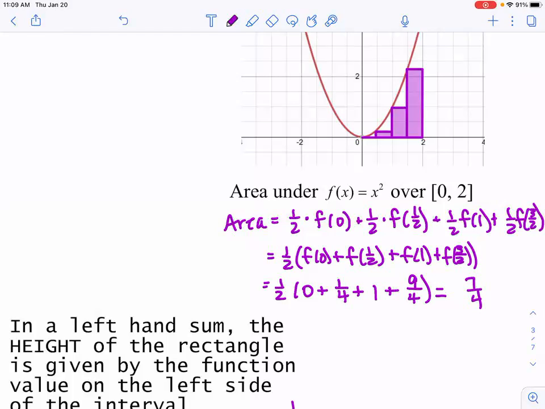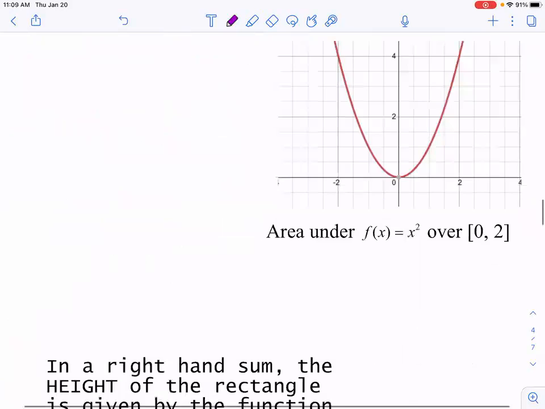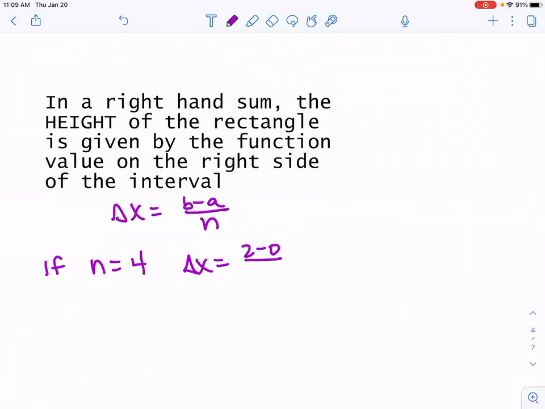Okay. All right, let's skip down to our right-hand sum. And what I want you to do is open the flap for our right-hand sum. And I just want you to remember that our delta x is always going to be the same. So if n is 4, then delta x, b minus a over n, is going to be 1/2.